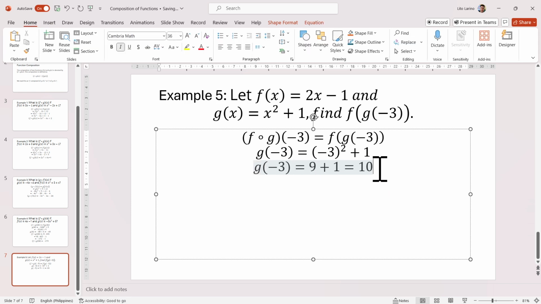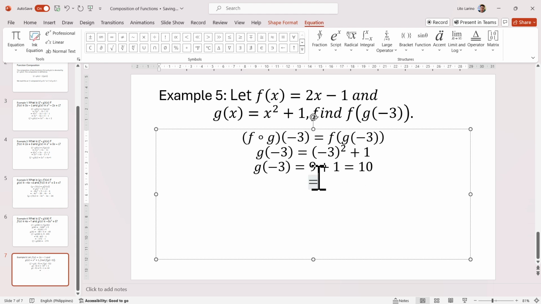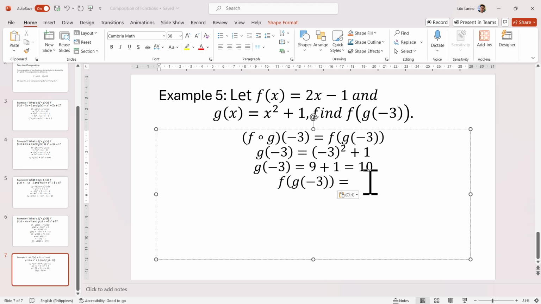And we will not stop there because we will be evaluating our f of x function at g of negative 3, which is 10. Let me write it down: f of g of negative 3 is equal to, our f of x expression is 2 multiplied by our x, which is g of negative 3, which is 10.